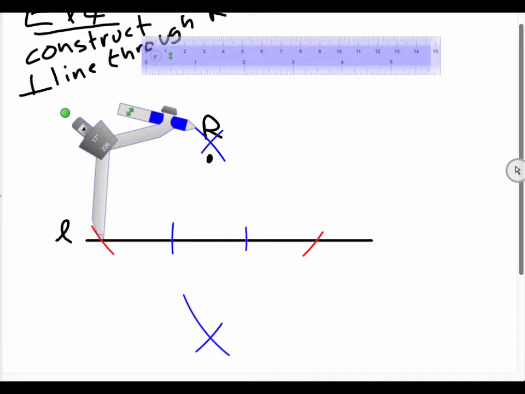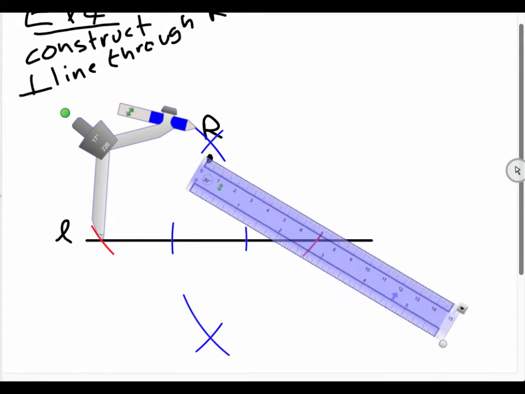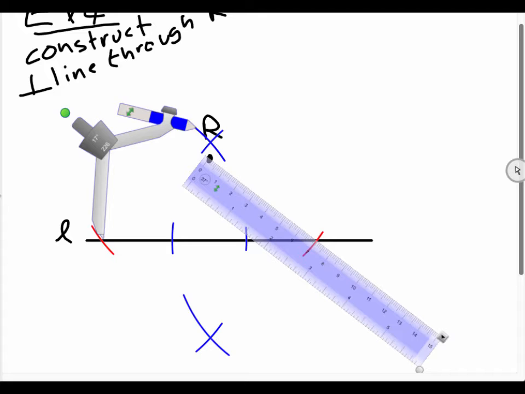All right. What we're trying to do is we have to construct a perpendicular line, but the perpendicular line has to go through the point R. So I need the red lines which are equidistant from R, but they're not at a perpendicular angle. In other words, if I were to come here and measure this distance, it's about 7, right? Guess what?